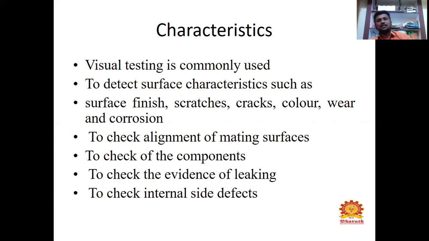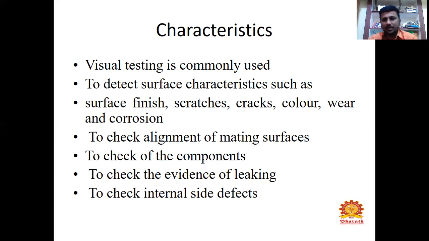You already know NDT. Among these methods, one of the first basic methods is the visual inspection method. We use it commonly in all NDT methods, and to detect surface characteristics. Surface finish we can find out, using the aided or unaided method.